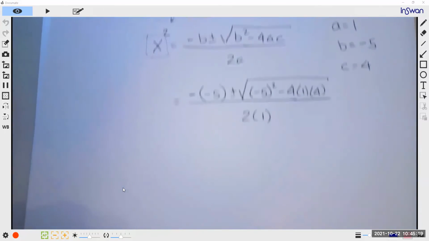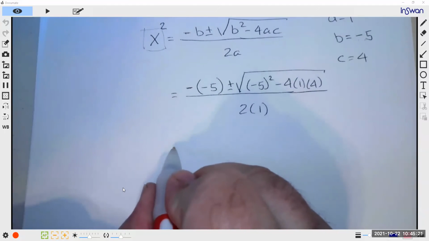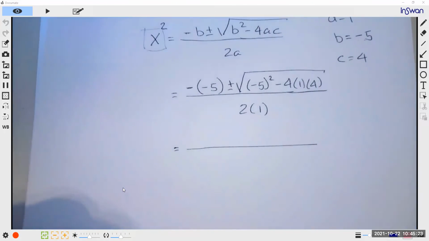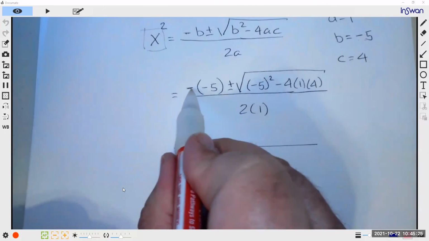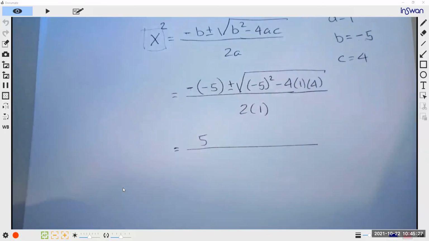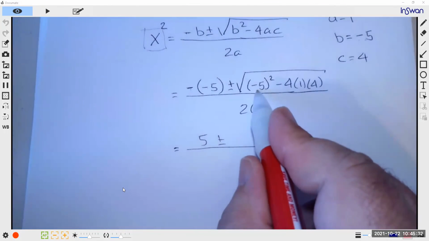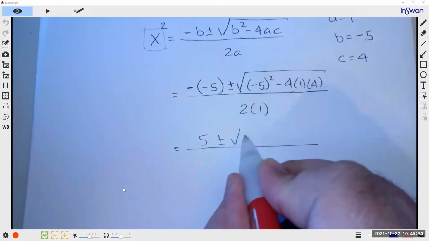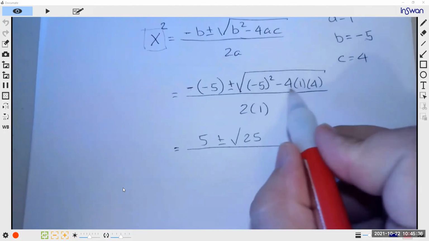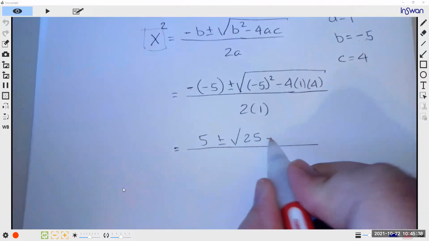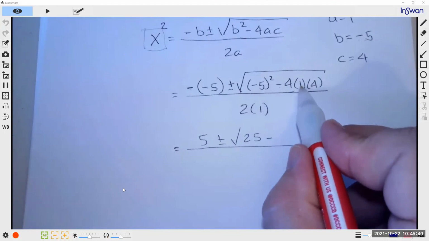2 times 1. Negative and negative is a positive. -5 squared is 25. 4 times 1 is 4.